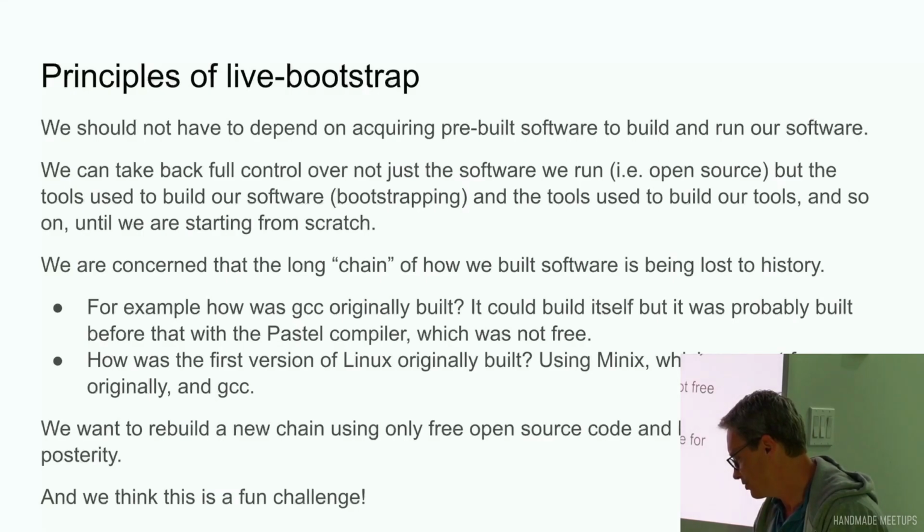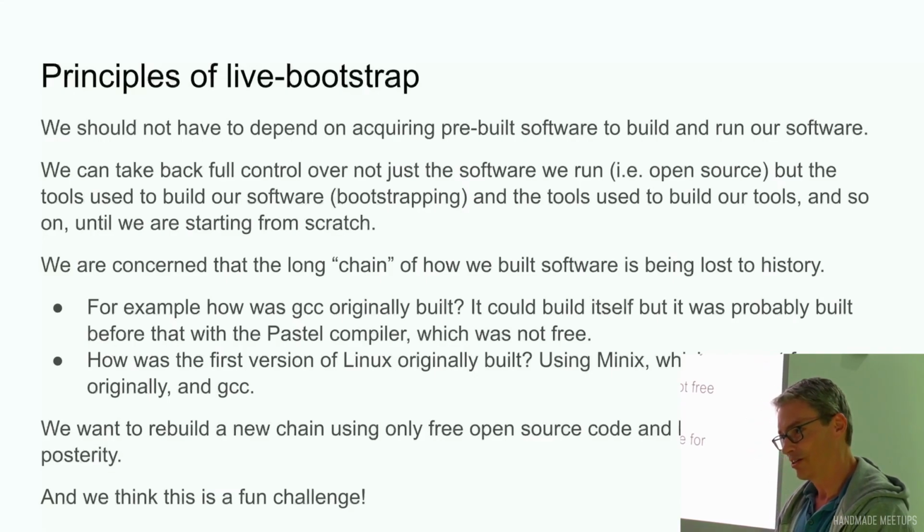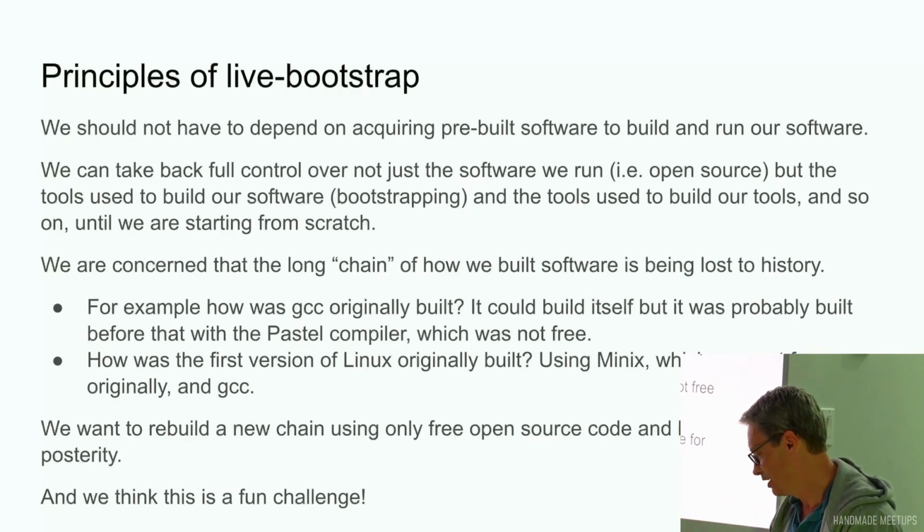But if you look back on how GCC 1.0, or the original one, was built by Richard Stallman, it was built probably with the Pastel compiler. I couldn't find any reference to what compiler he originally used, but also with Linux, it was built on the Minix operating system. So there wasn't really open source software back then to build your open source with, so they had to bootstrap off commercial software.